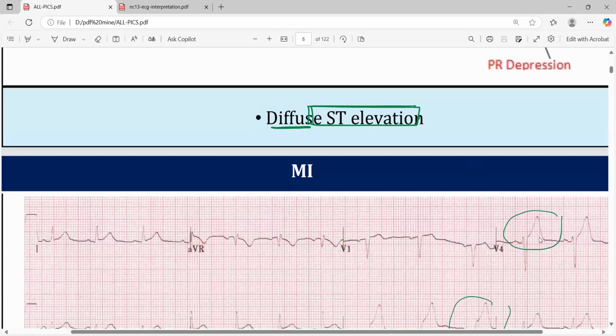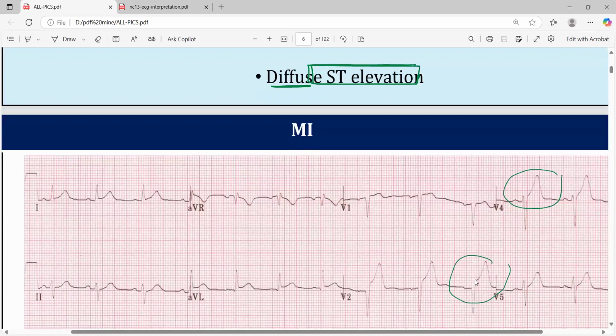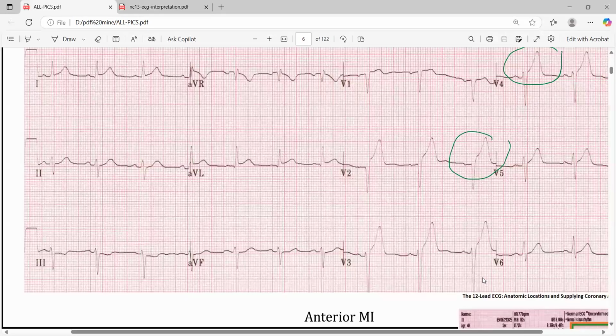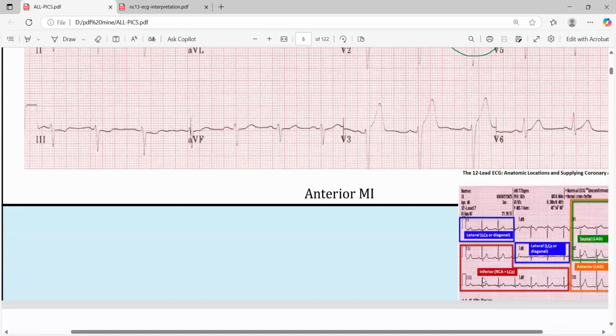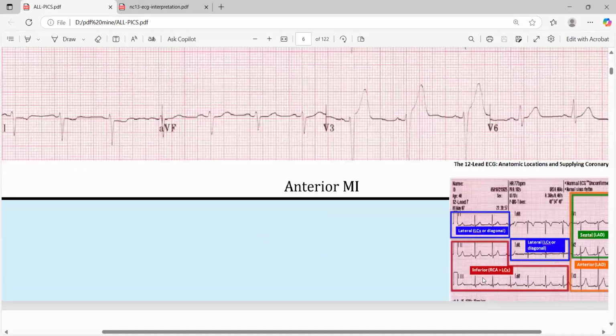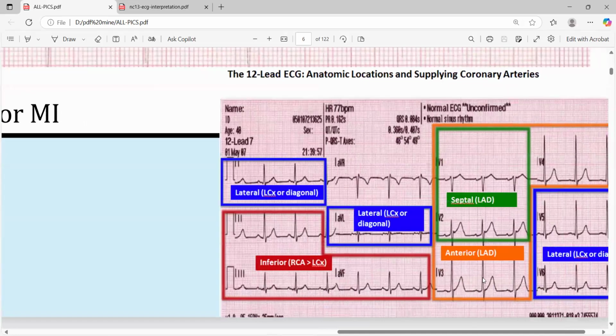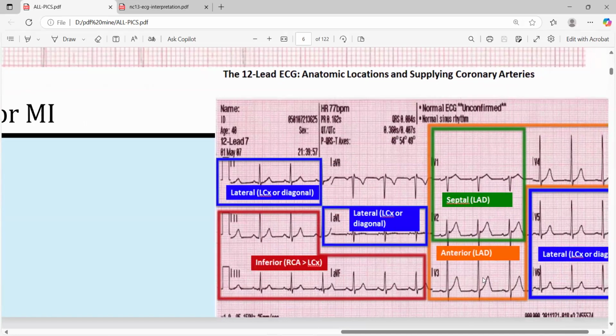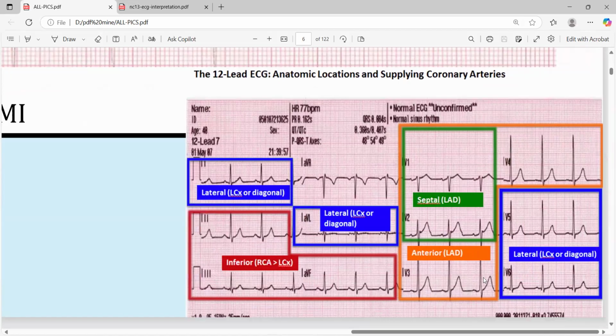Then the diffuse ST elevation, you can see how big the ST elevation is going from here in lead 4 and lead 5. So this is put here, which one are you looking for. This one is lateral, this one is for inferior, this one is for septal, this is for anterior. So which leads we are talking about, where you have to see the ST elevation.